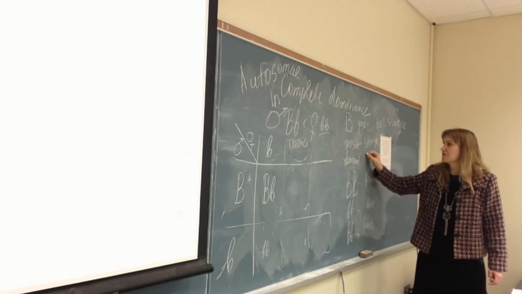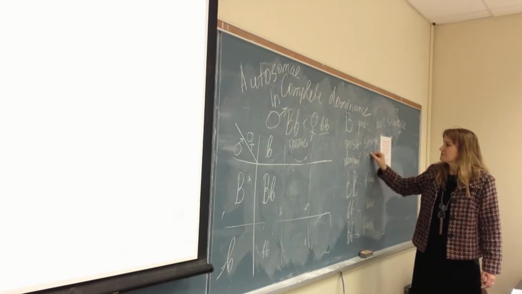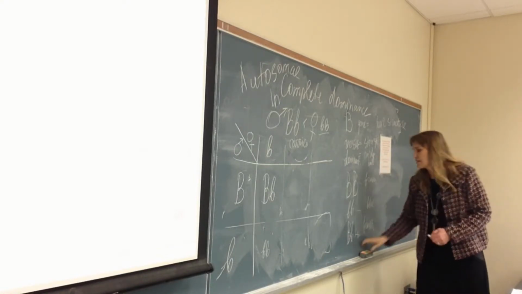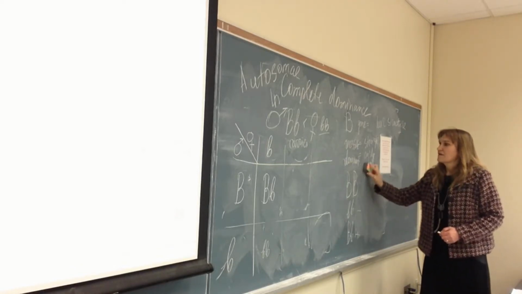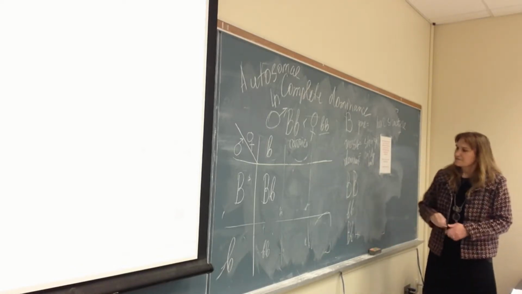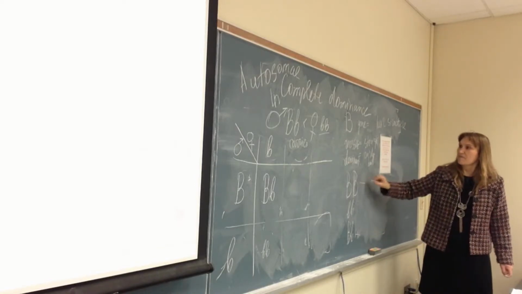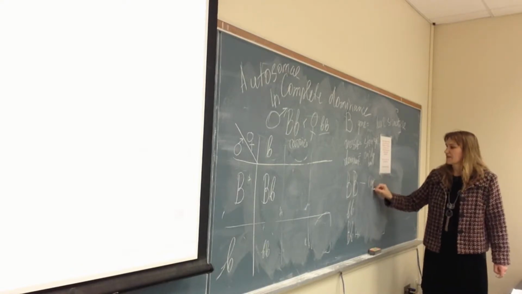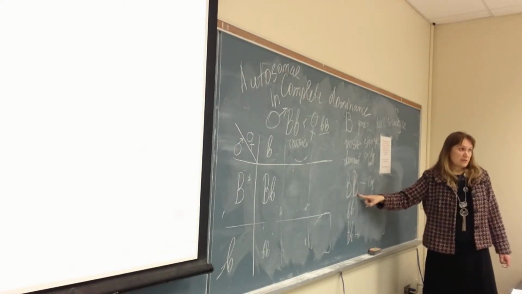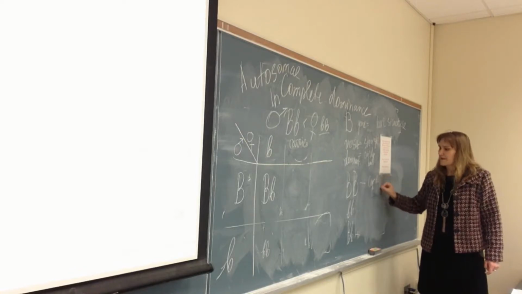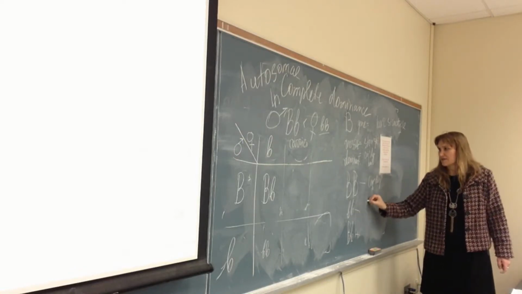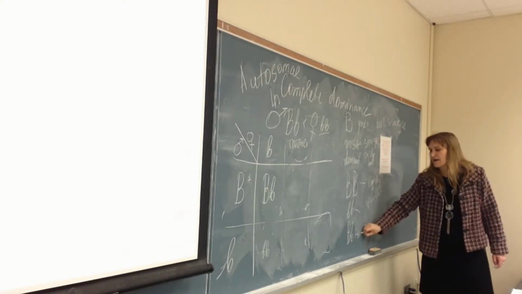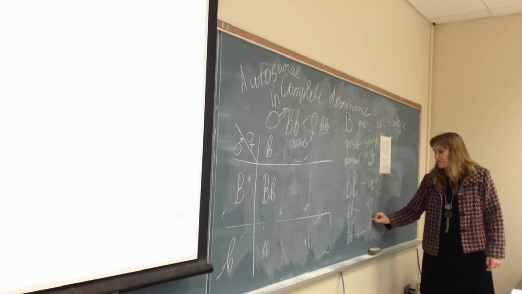The dominant allele will give you curly hair. So genotypes: homozygous dominant is curly, homozygous recessive is straight, and heterozygous will give you wavy.